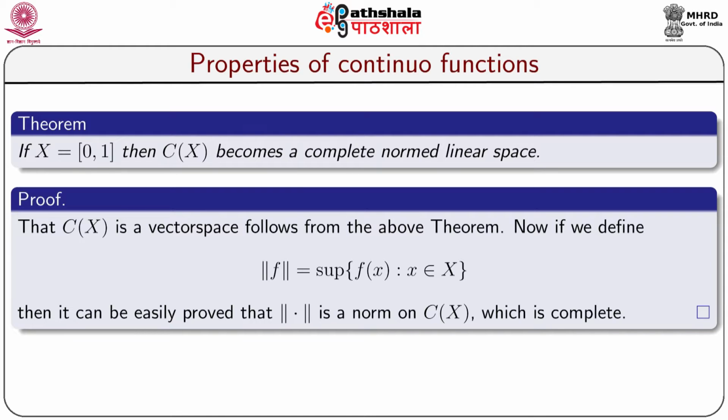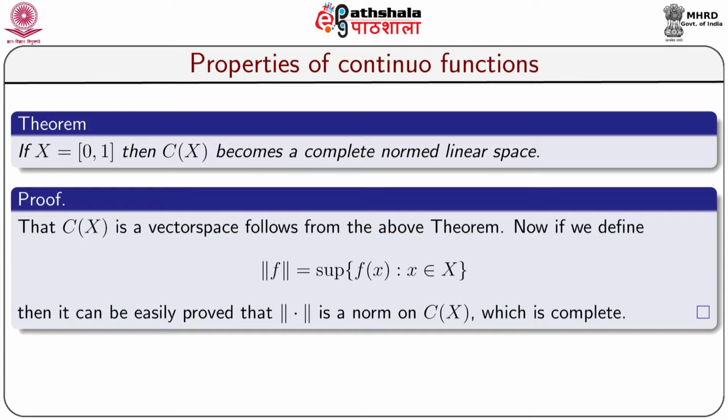Let us consider this as a theorem. Let X be the closed interval [0, 1], then C(X) becomes a complete normed linear space. Proof that C(X) is a vector space follows from the above theorem. Now, if we define the norm of f as the supremum of |f(x)| such that x belongs to X, then it can be easily proved that this is in fact a norm on C(X) which is complete.